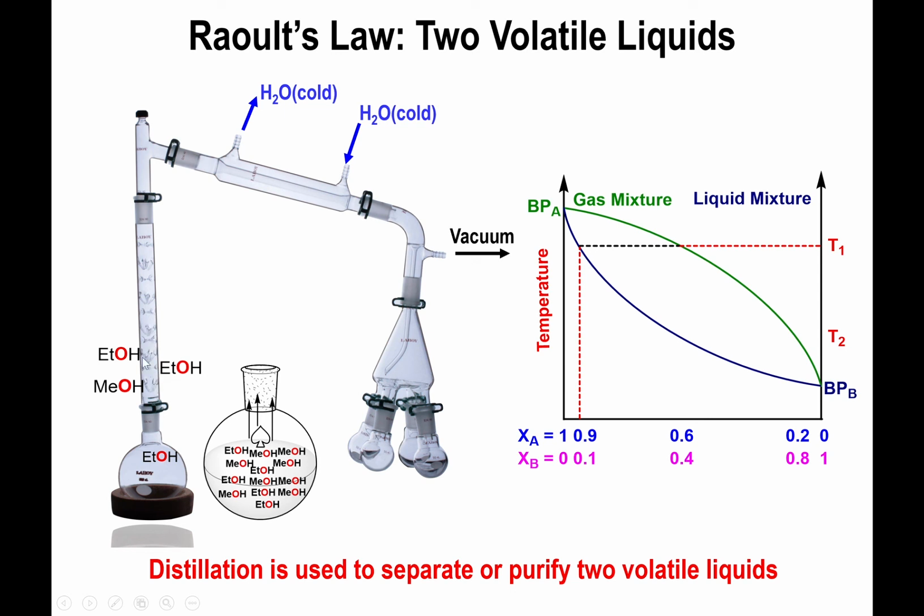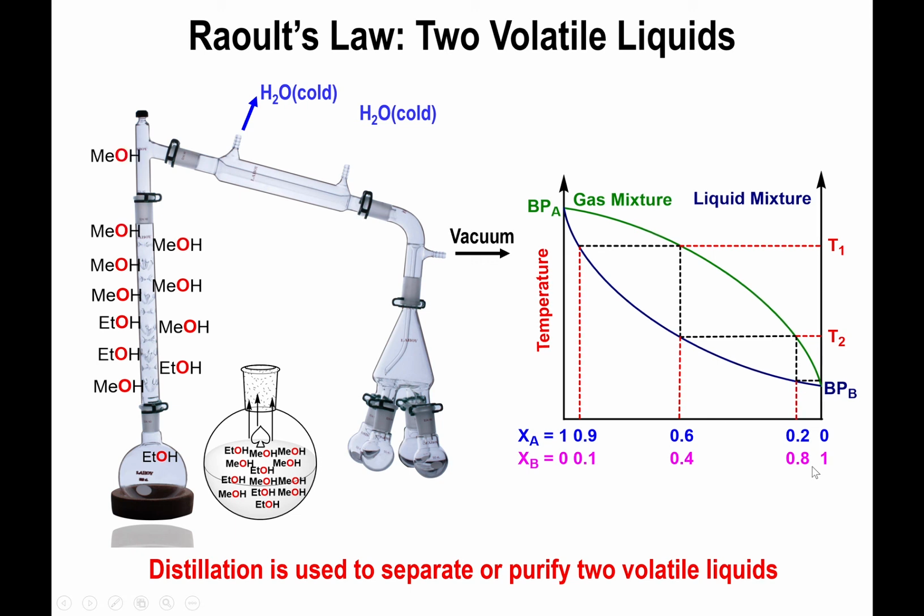And it's through those spikes that the gas that you generated condenses back to a liquid, but then that liquid re-evaporates and keeps traveling further up the column, recondensing, re-evaporating, recondensing, re-evaporating. And ultimately what happens is that you had an initial temperature T1, but as you go through this evaporation condensation cycle, you start decreasing the temperature until you get to the pure boiling point temperature of the second substance.